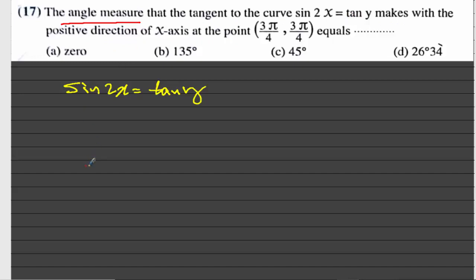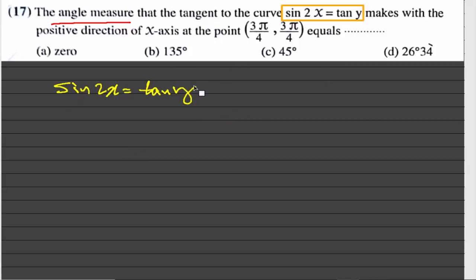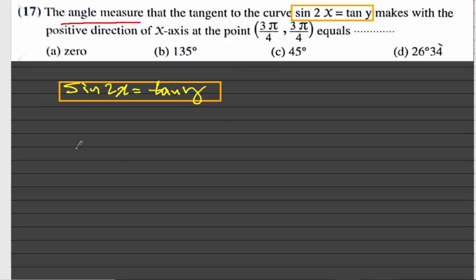Okay, so by differentiating both sides with respect to x, what do we get? Here we have the equation, and I wrote it already. What is the derivative of sine 2x?